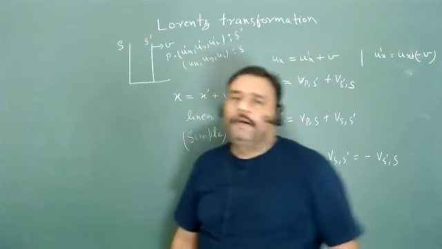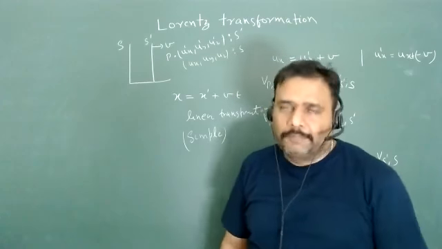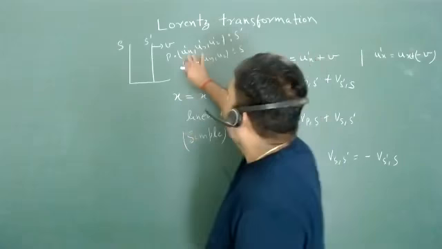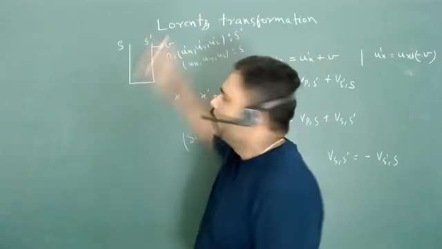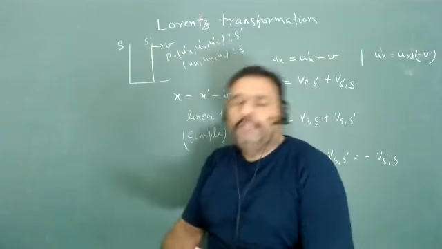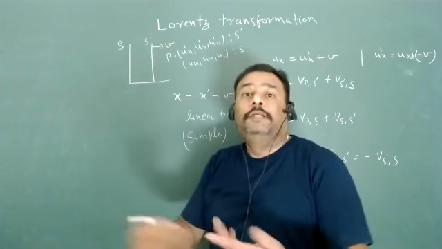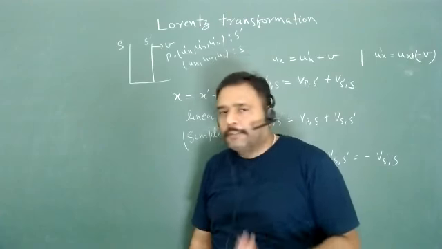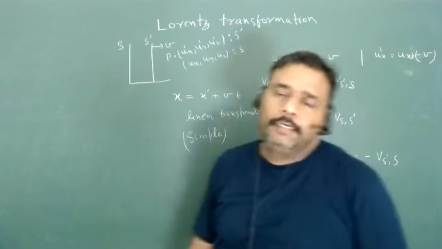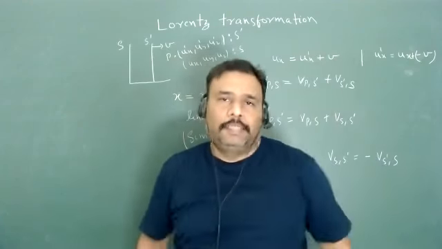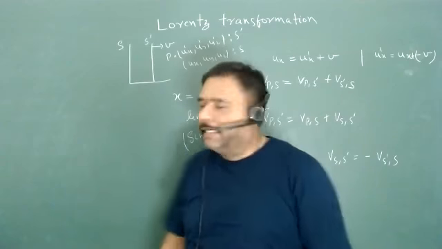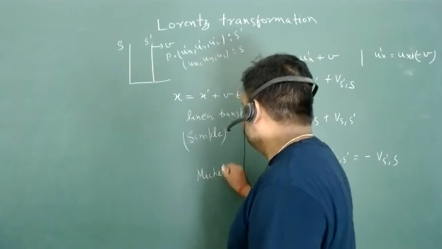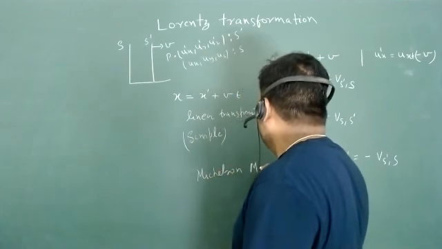But the real problem with the Galilean transformation is that when we change the speed v to near the speed of light, it doesn't work, because of one particular experiment, identified as the Michelson-Morley experiment.